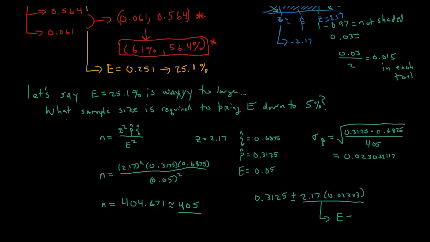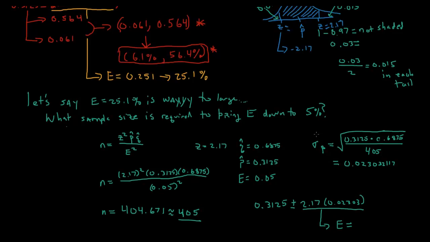Now let's see. Either I told a lie, or I can't do arithmetic. So let's make sure I'm right here. 2.17 times that answer. Oh, and it looks like I did all right, because this is 0.049979.